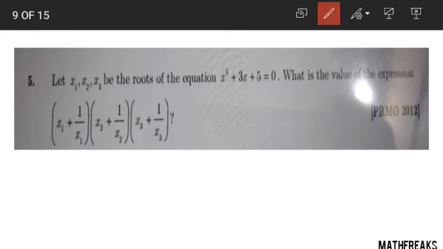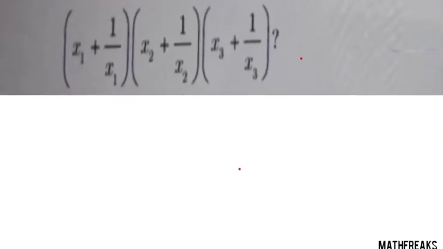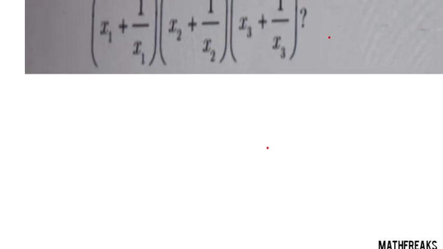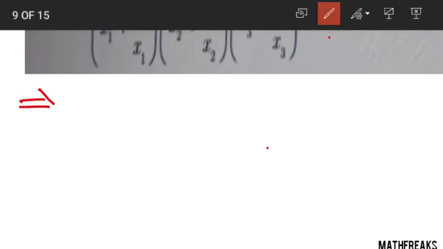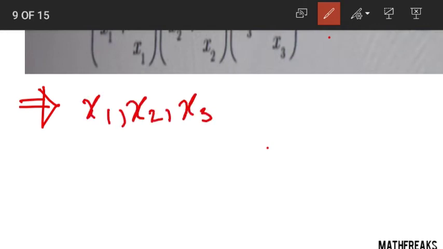So let x1, x2 and x3 be the roots of the equation x cube plus 3x plus 5 equals 0. What is the value of the expression given? Okay, so let's first of all write all the information as we have done in the previous questions. It was given that x1, x2 and x3 are the roots.